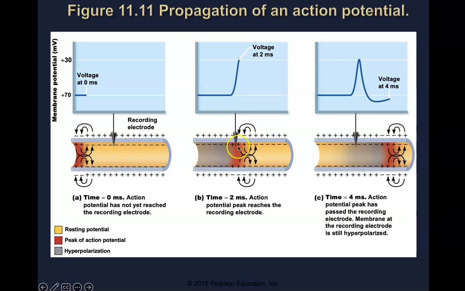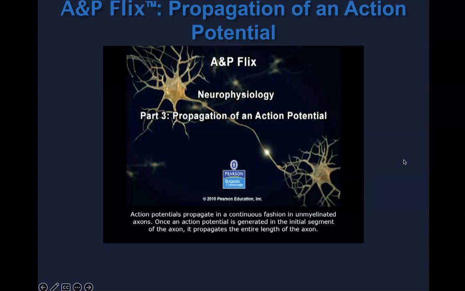Allowing it to become more positive until it hits threshold, triggering the neighboring sodium-gated channels to open, okay? And it's propagated in only one direction because the sodium-gated channels here that were just open are in that absolute refractory period right now, where the inactivation gate is closed and they can't be reopened for that short period of time. So that's why it happens in that one direction.